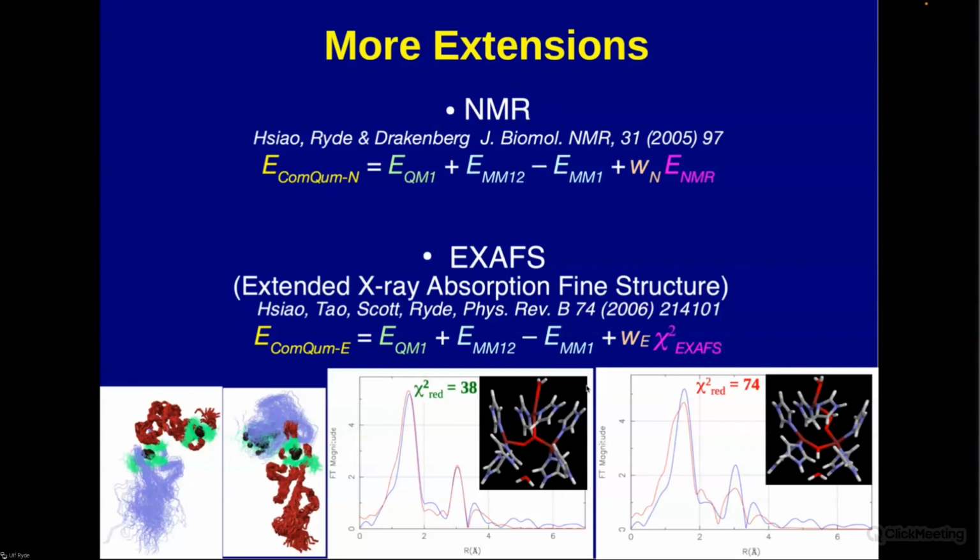Then we go back to the PMMO, the particulate methane monooxygenase, because recently 2 groups have published cryo-EM structures. One is the same group that published all the crystal structures, the Rosenzweig group.